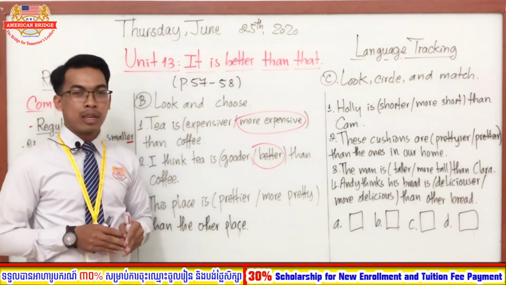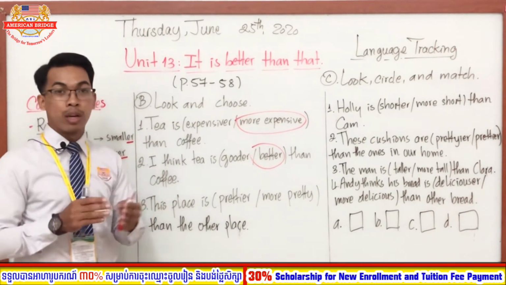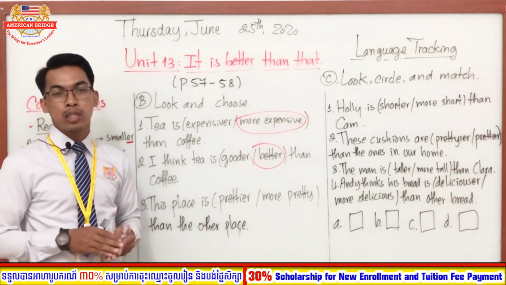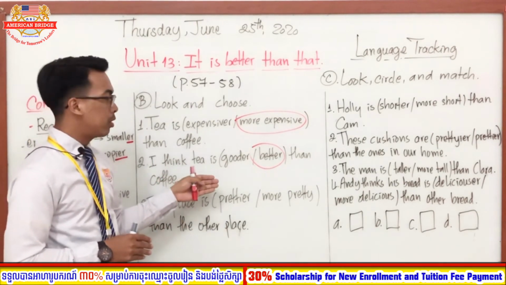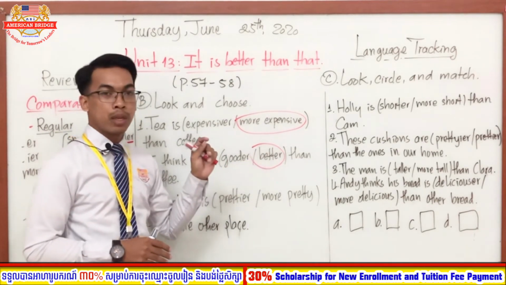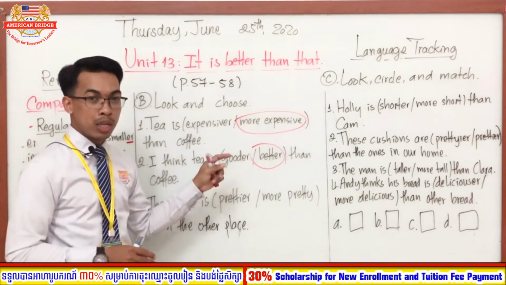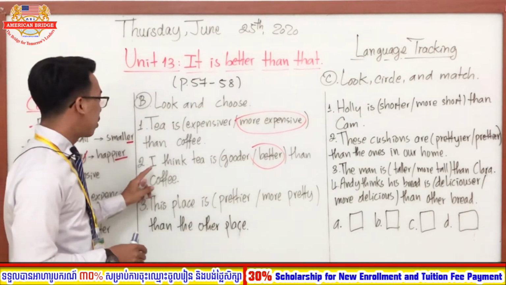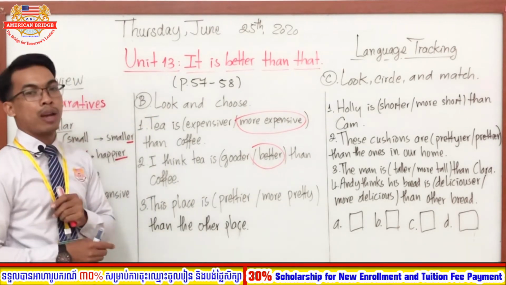Yes, very good. Like I already reviewed a moment ago about the irregular, right? When we change to the comparative adjective, it changes the form. The word good changes to better, not good with er. Good. So I think tea is better than coffee.